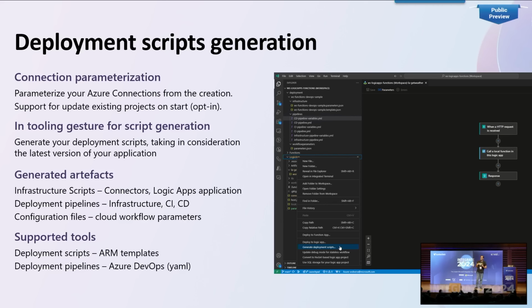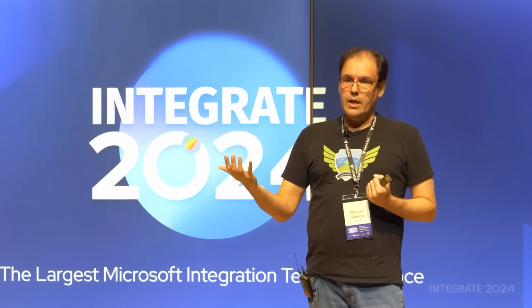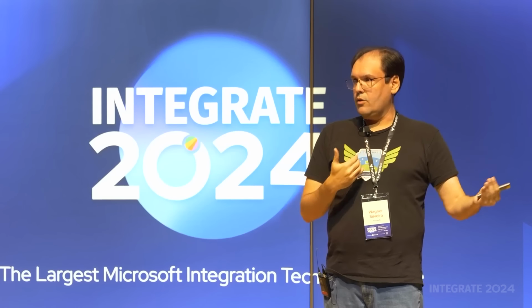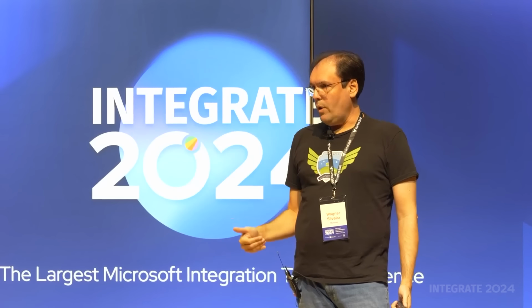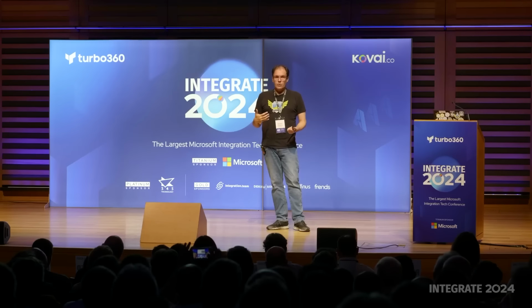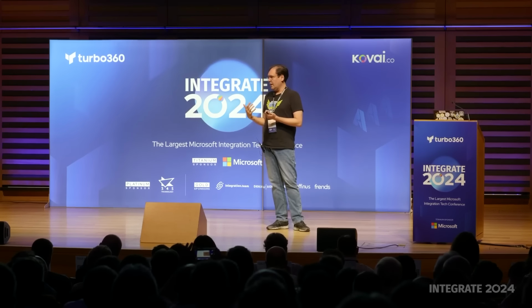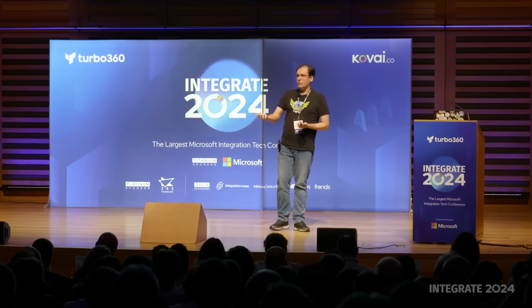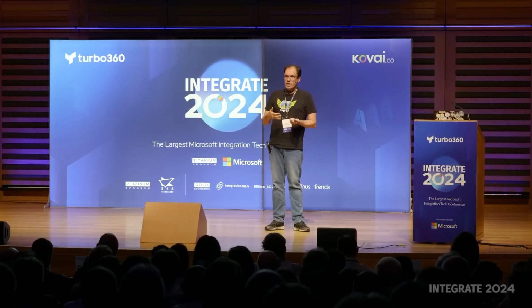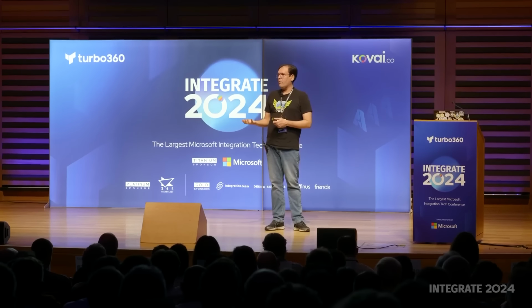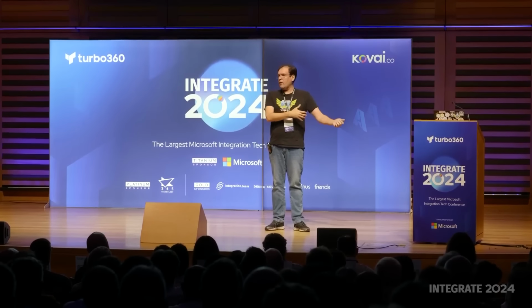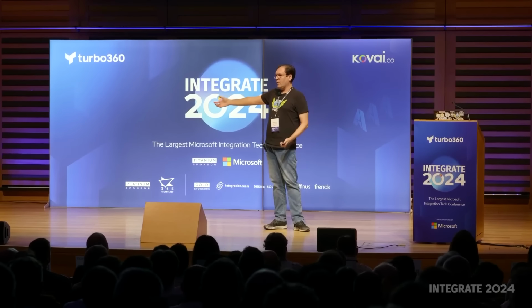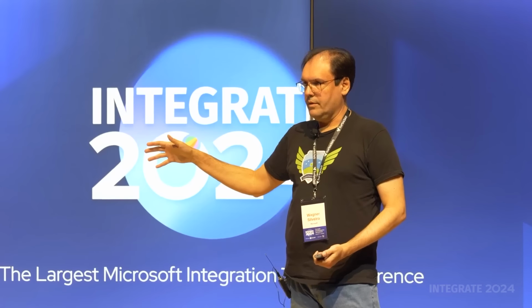What happens if I have a project that already has a whole lot of connections? When the project starts, similar to the same kind of validations that we do, we identify that you have a connection with items that it needs to parameterize and ask you if you're doing that. We're not forcing that because we know that if you already have projects in place, most probably you already did something else to get that to other environments if you're not right-clicking deploy, right?